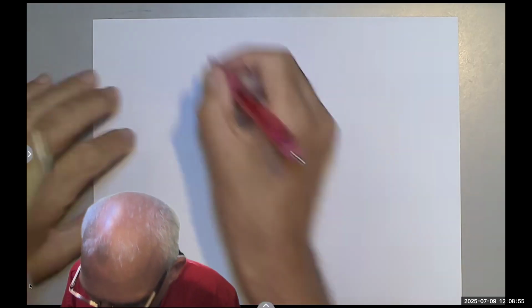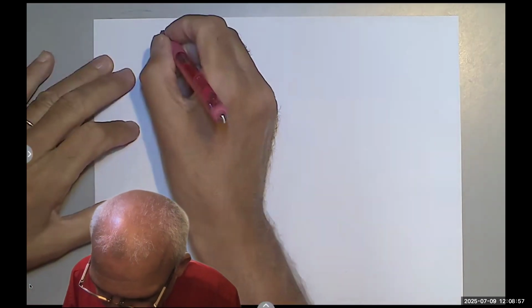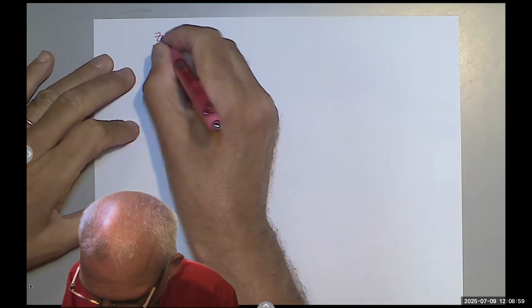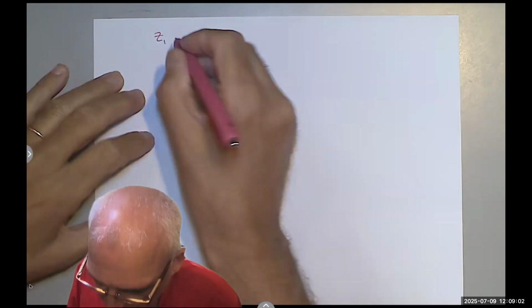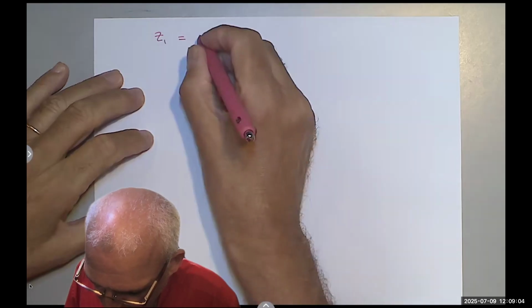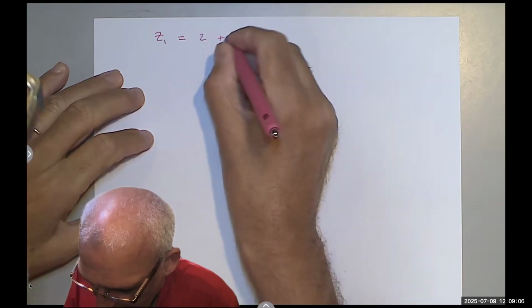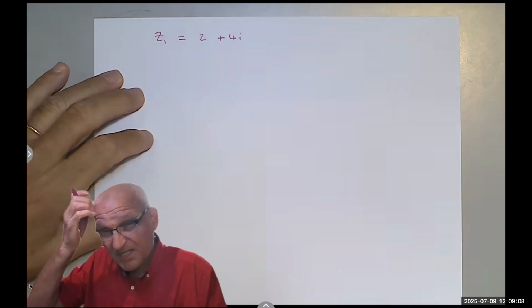So let's say I have two complex numbers. I'm going to call the first one Z1, and say it's 2 plus 4i, or anything, it really doesn't matter.